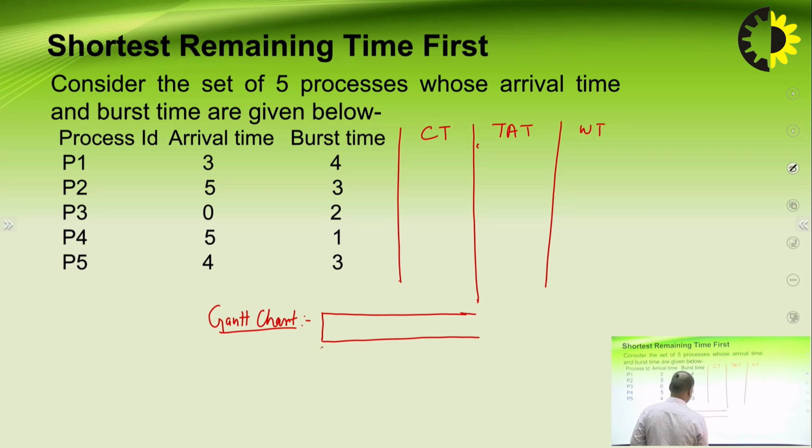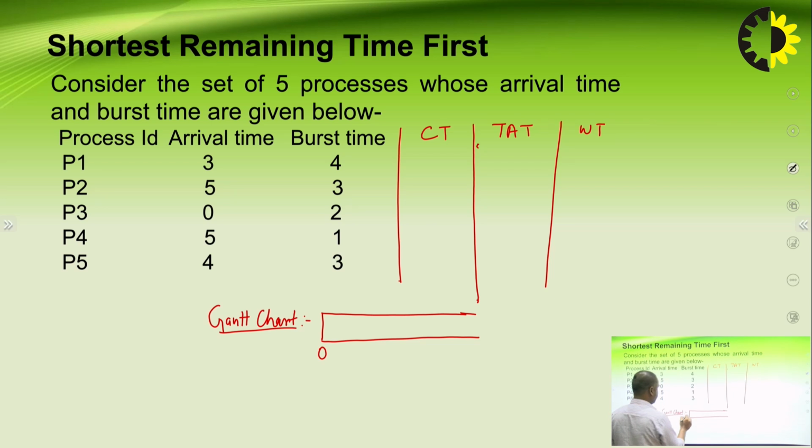At 0, we are taking 1 unit, because it is easy to calculate which process has come for the CPU. So we are taking the 1 unit difference.